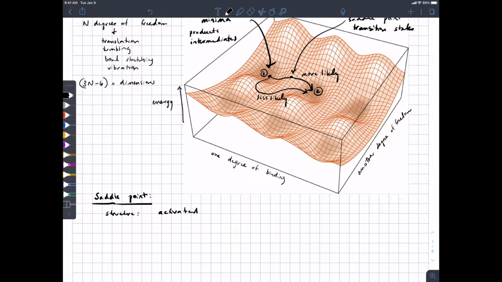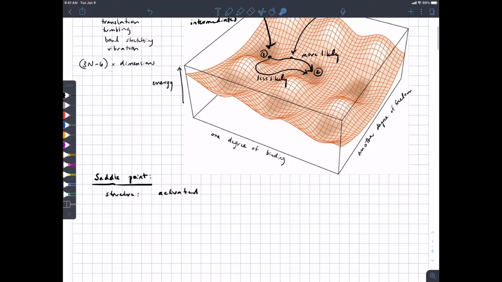And at this point, you have equal probability of going forwards versus backwards. And we need to actually talk about the energetic features of both the minimum and the maximum, of the intermediate and then the saddle point, the transition state.